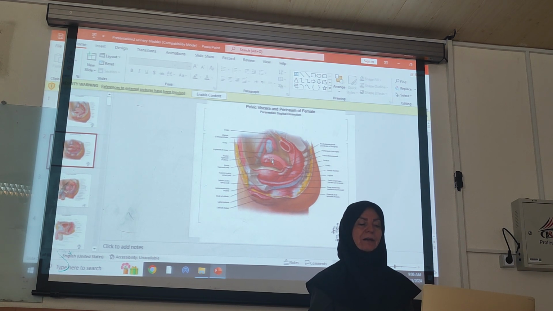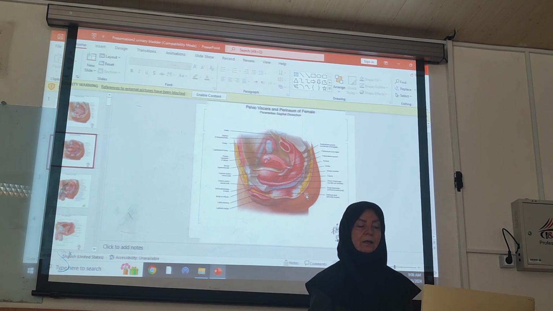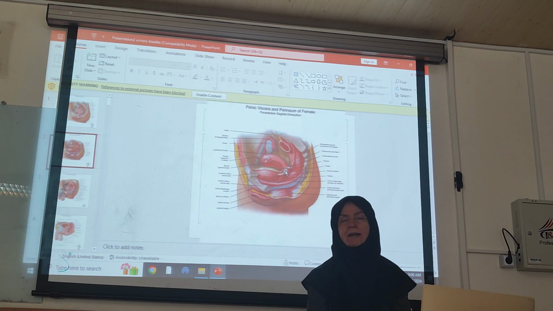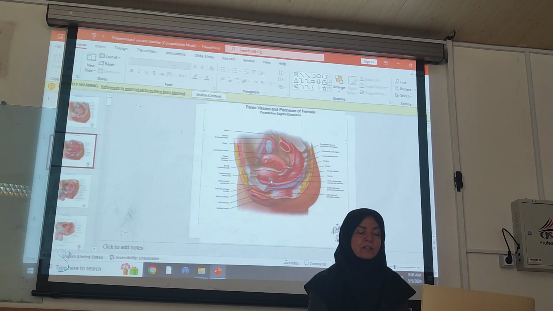Here is the pelvic cavity, and this is a cross section from the pelvic diaphragm. Here is the perineum, inferior to the pelvic diaphragm. Superior, you are able to find the organs inside of the pelvic cavity. Is the anal canal visible inside of the pelvic cavity?